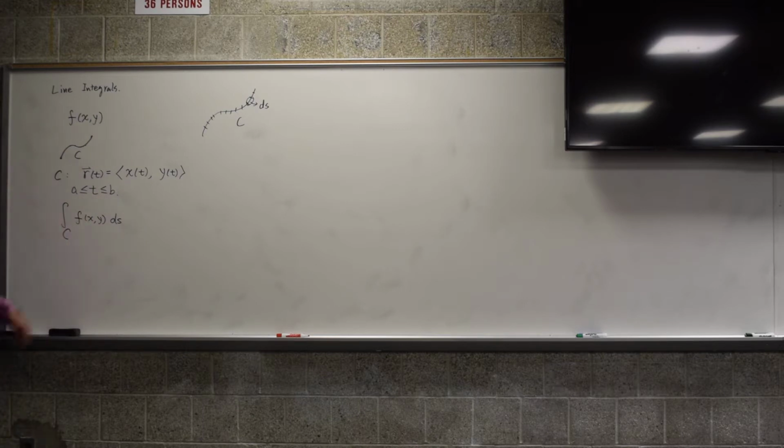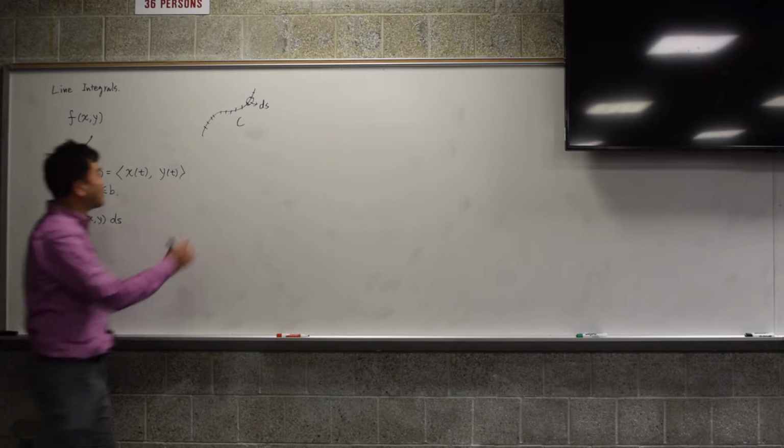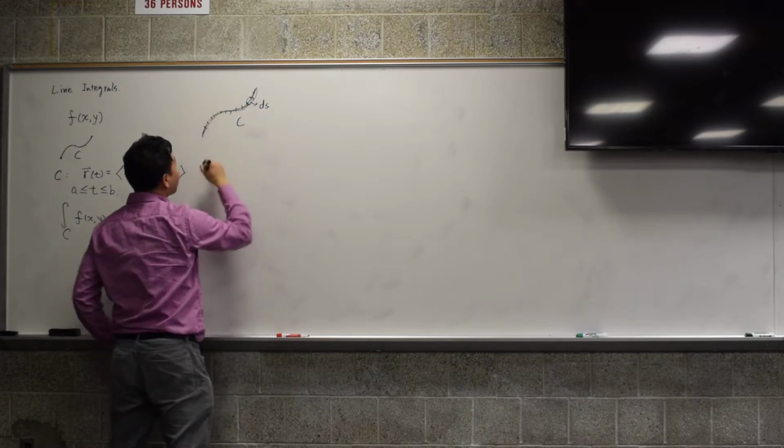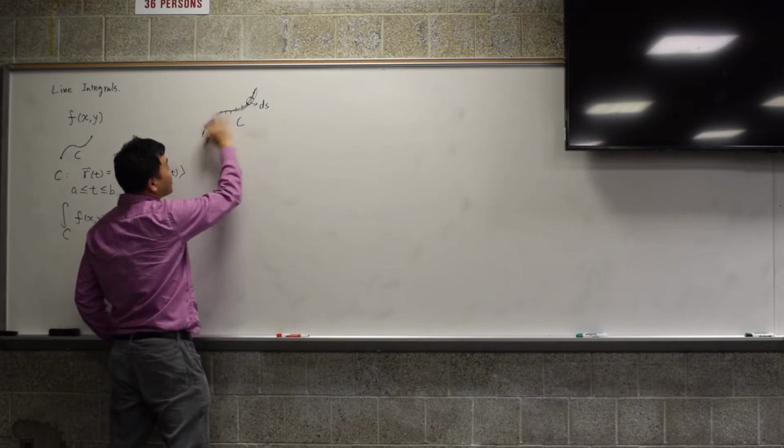Now, when do we need to calculate something like this? Well, physically, this is the case when we have a linear density on a small wire. So imagine this is a wire, and it's not of uniform density.